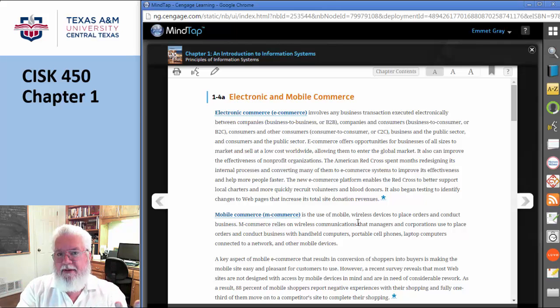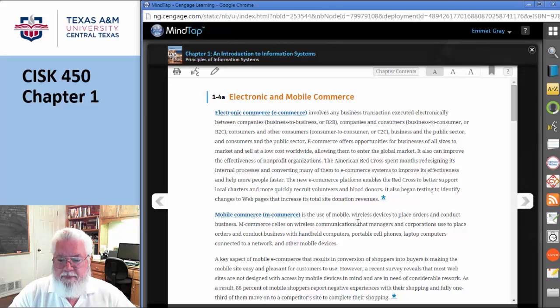Now, most phones have high enough resolution that when that happens, I tell it, no, I don't want the mobile version. Give me the full version. I'll zoom in on the stuff that I want. I don't really need a special thing for mobile commerce. So anyway, mobile commerce is all about wireless devices, typically on a smaller platform. And there are some other things. When we get to that chapter, we'll go into a little bit more detail, but not too much.